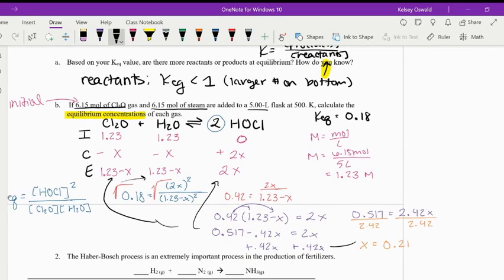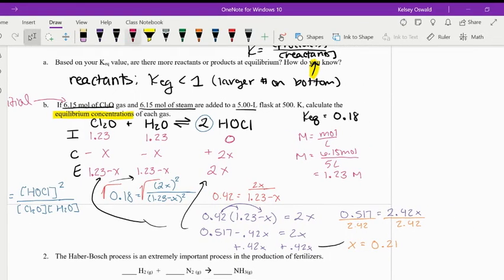Okay. So to get our concentration of Cl2O and H2O at equilibrium, we'd want to do 1.23 minus x, or minus 0.21. Since they each had a coefficient of 1, they're just subtracting that value of x.